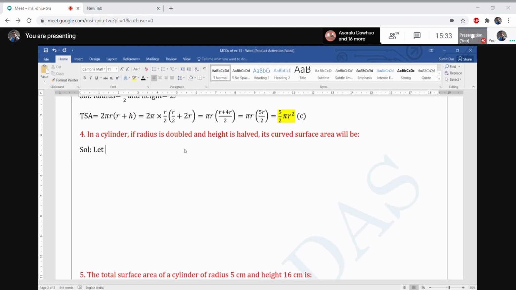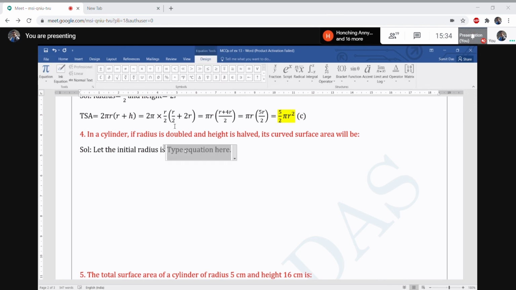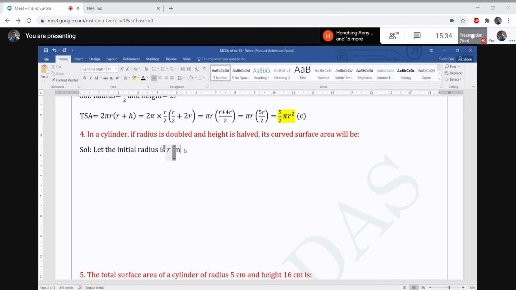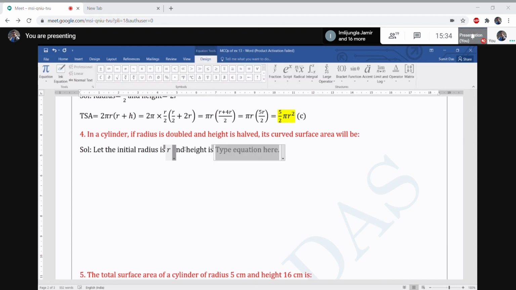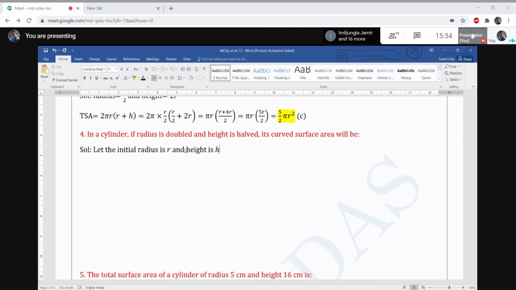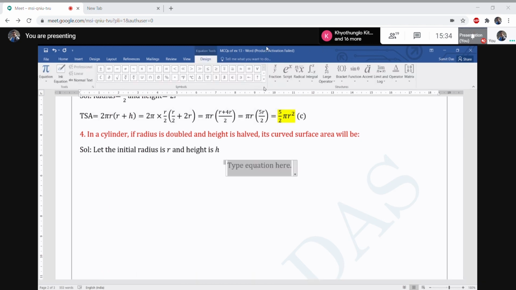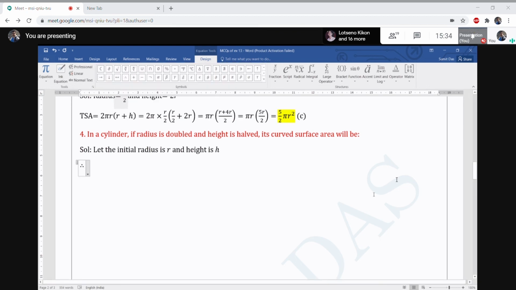Let the initial radius is r and height is h. Okay, so let initially its radius is r and height is h. So what will be the curved surface area?